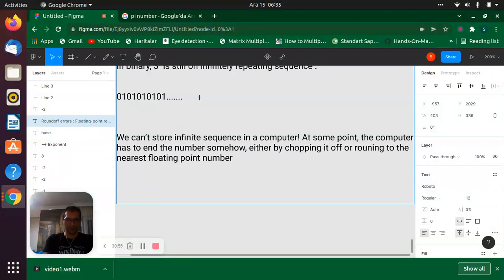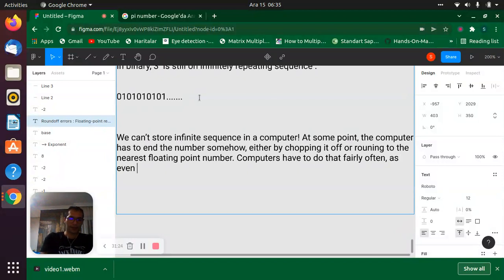Yes, we know that. Computers have to do that fairly often, as even fractions like 0.1 in decimal end up as infinitely repeating sequences once converted to binary.